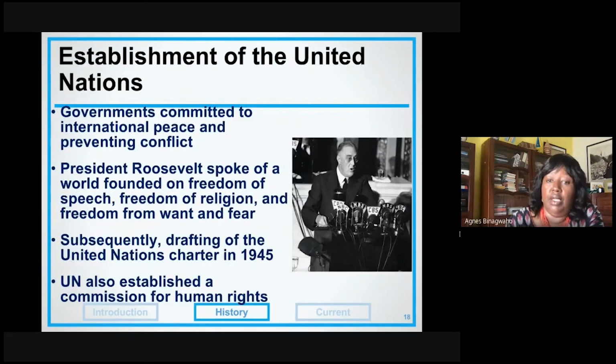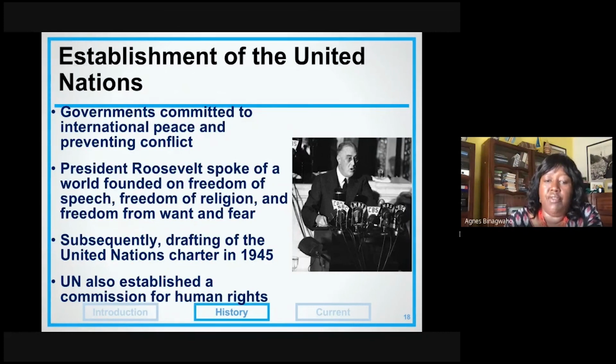However, the establishment of the United Nations started during the World War II, and it triggered the first international effort that was attempt to protect citizens against a state.